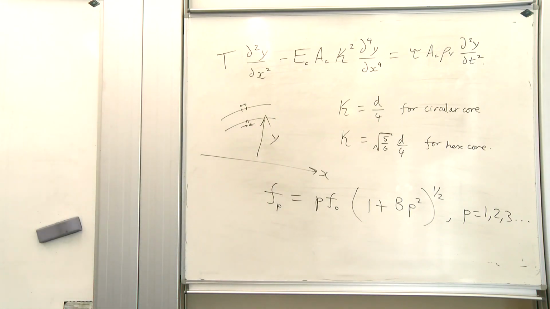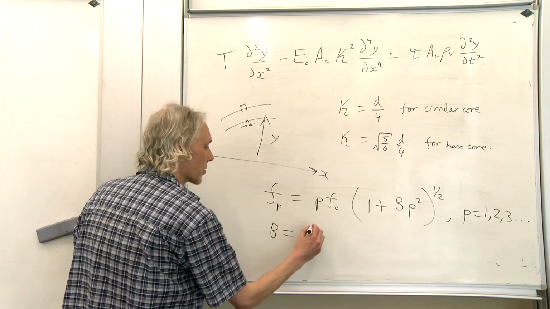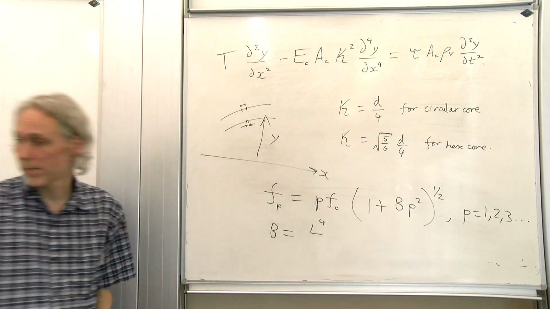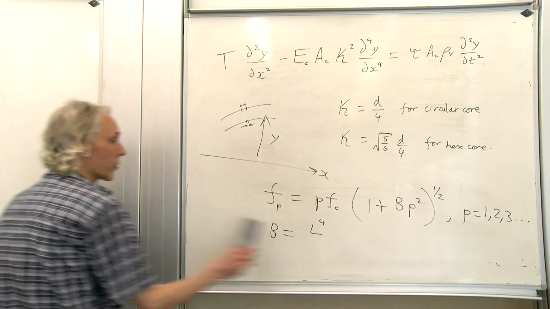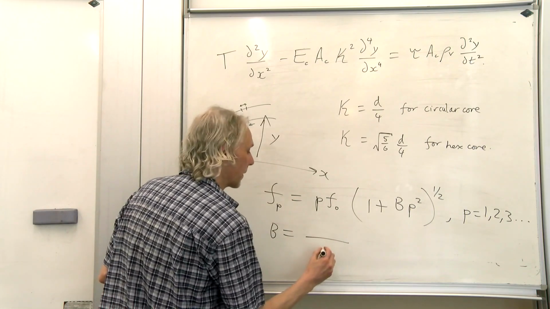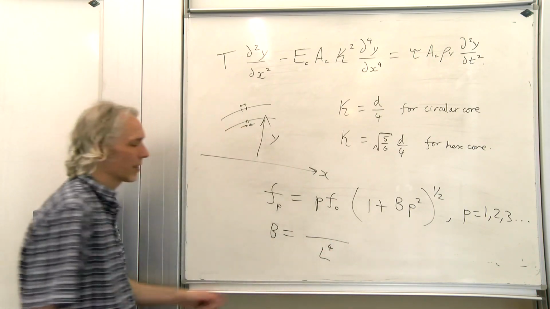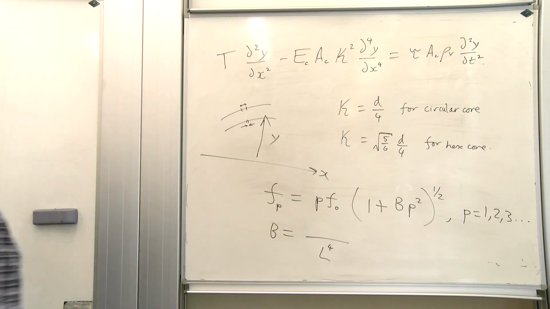Okay, so what is B? B is a rather horrid looking thing. It actually goes as L to the power of 4, and it has lots of other stuff in it. Oh, L to the power of 4 is on the bottom, sorry. So as L goes down, B gets a lot bigger if the length is smaller.